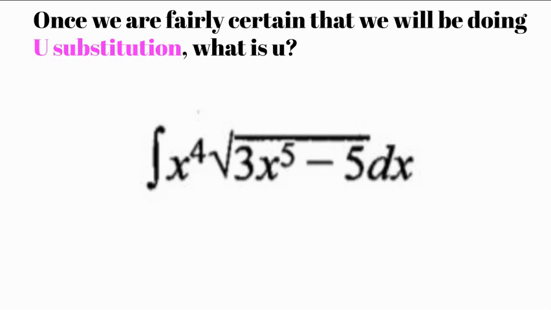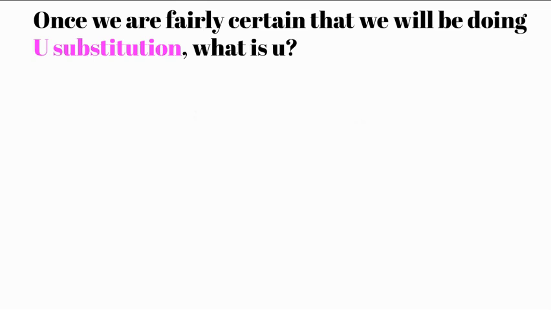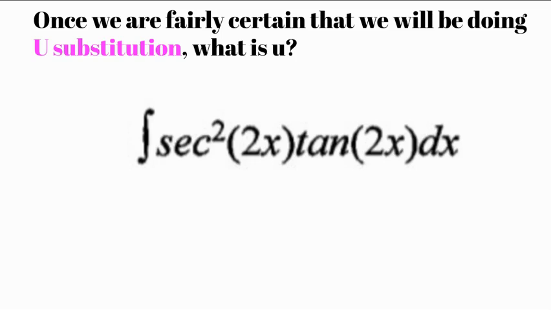So I let my u be 3x to the 5th minus 5, hoping to generate a multiple of the rest of the integrand. And I'd get 15x to the 4th dx for my du. So just with a slight numerical alteration, which I call a fraction correction, I can create the x to the 4th dx.